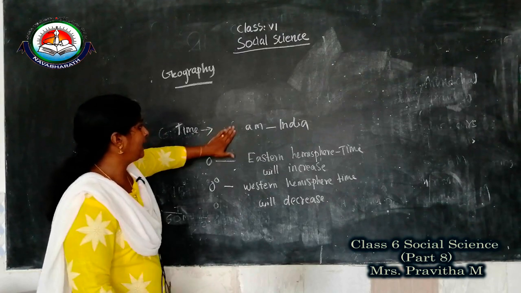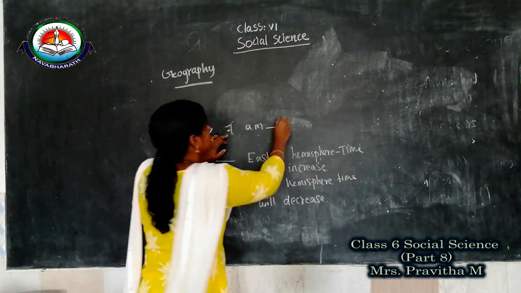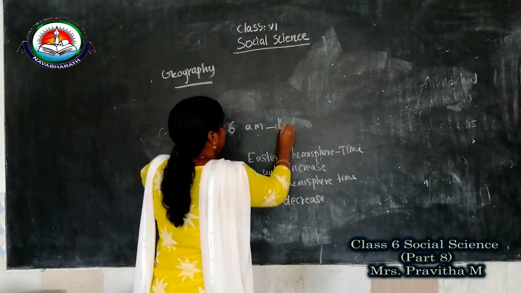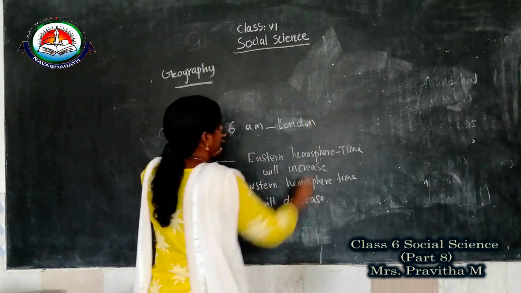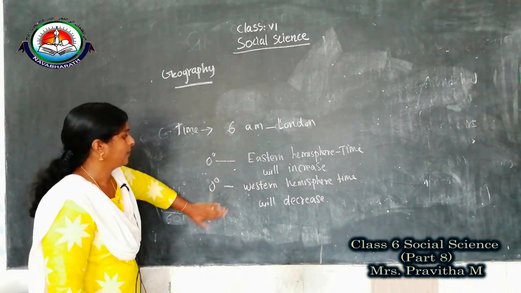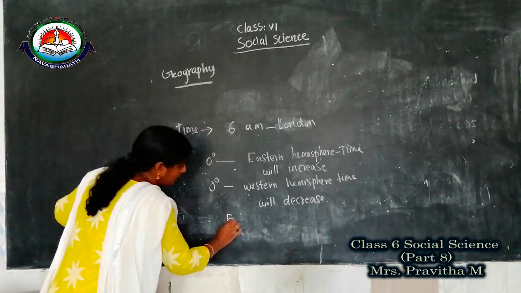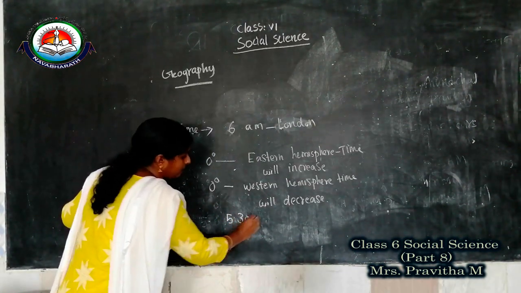Now, in London, let me say it is 6 a.m. Then to calculate the time, what is the time difference between London time and Indian time? You know the difference is 5 hours and 30 minutes.